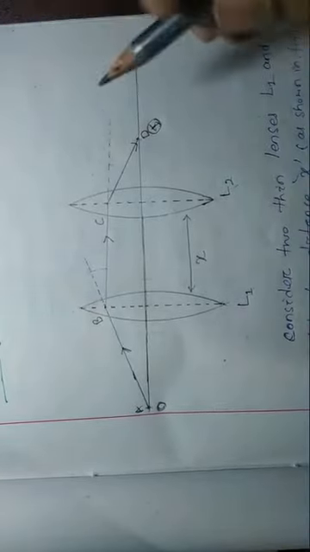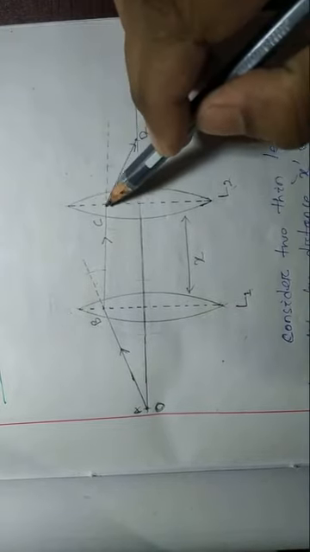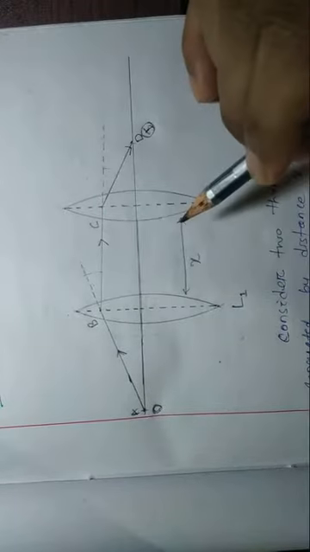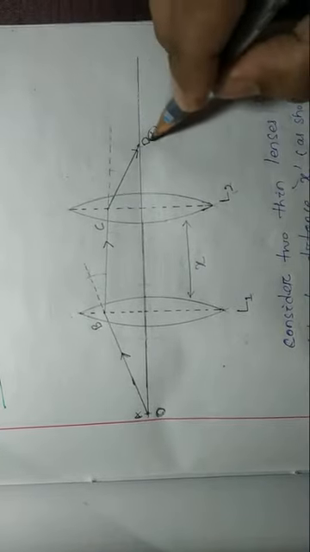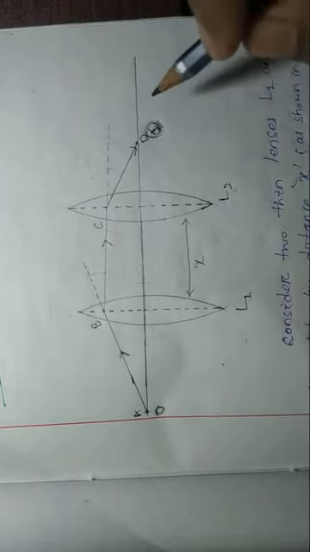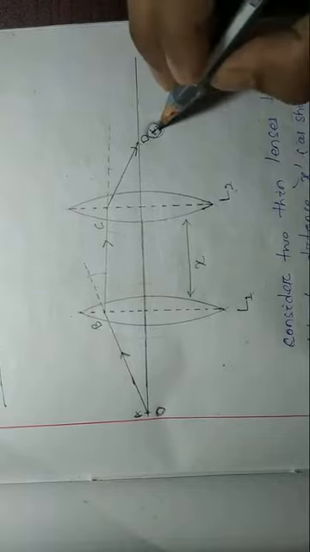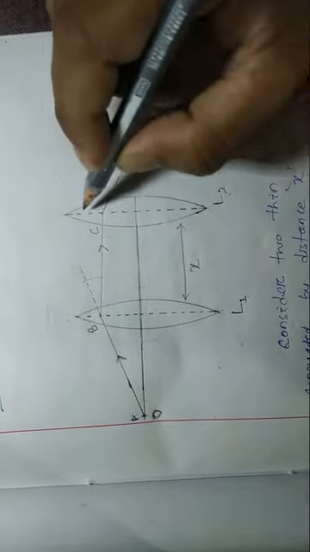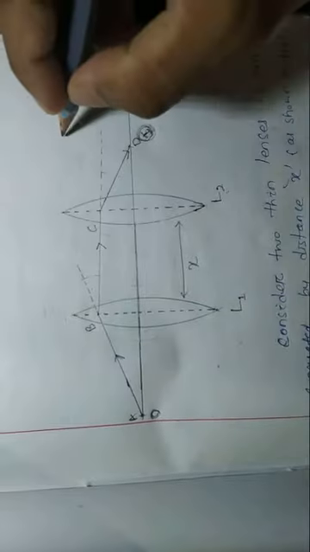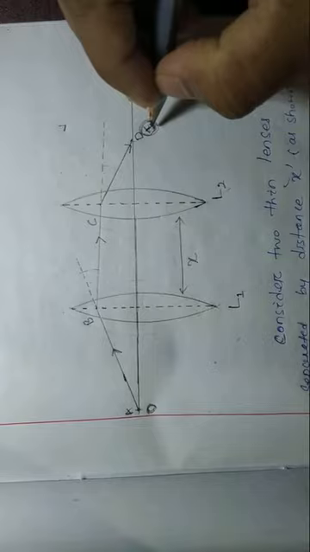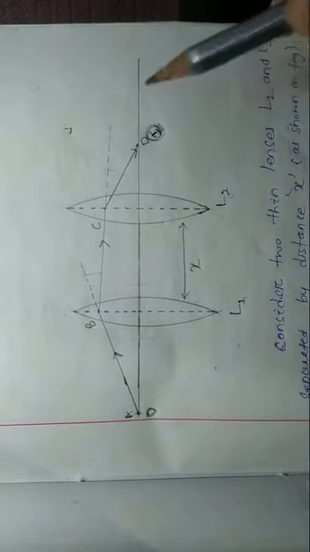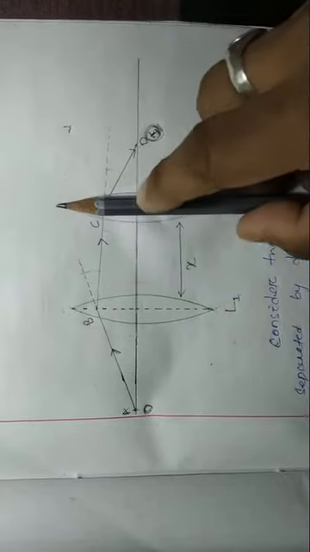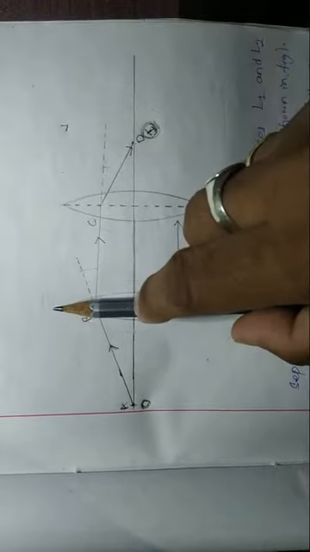We got it due to refraction by the first lens, then translation, then refraction by the second lens. If the image tried to see the object backward, what procedure would it have to follow? It would follow one refraction, one translation, and again one refraction.